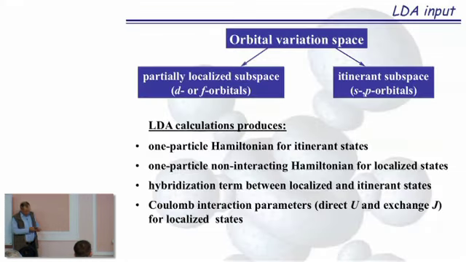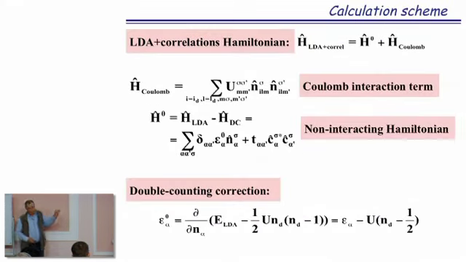Now, that is how this approach works. In LDA, we calculate the one-particle Hamiltonian for itinerant states, and for localized states as if they were bands, then the hybridization between the two sets, and then the concentration parameters. Okay, so now the key part, that is the Hamiltonian.